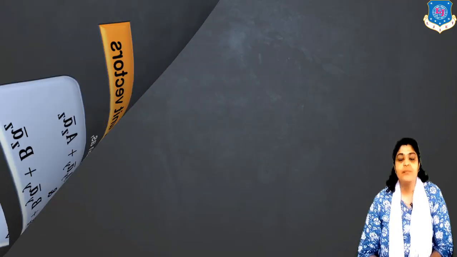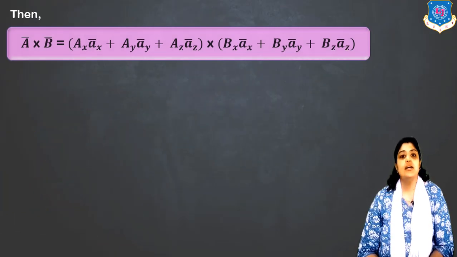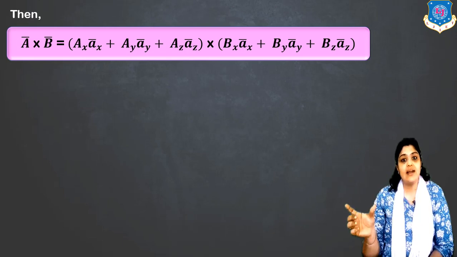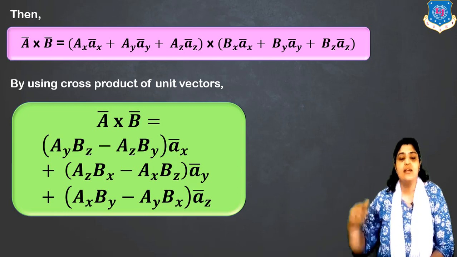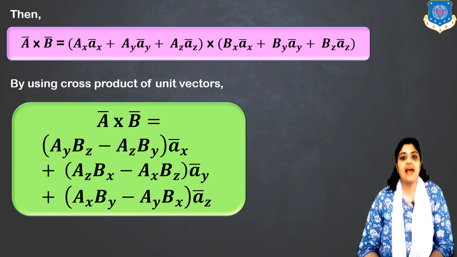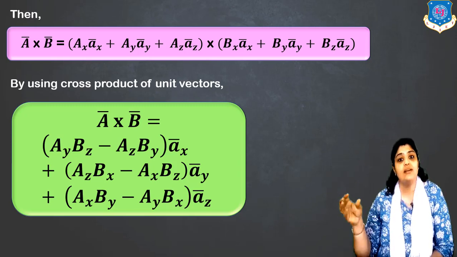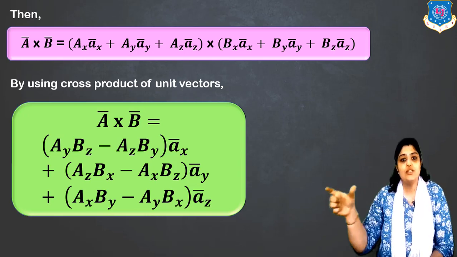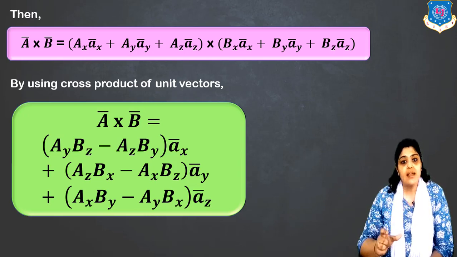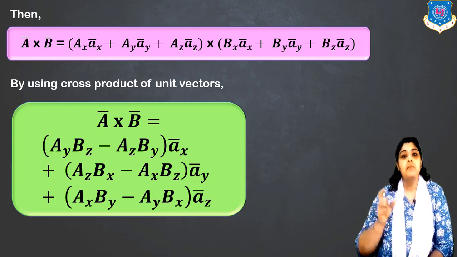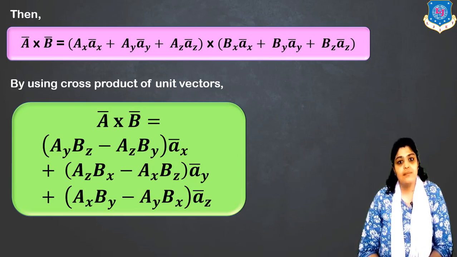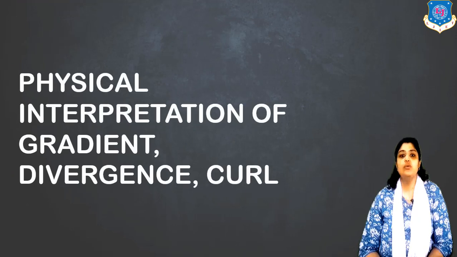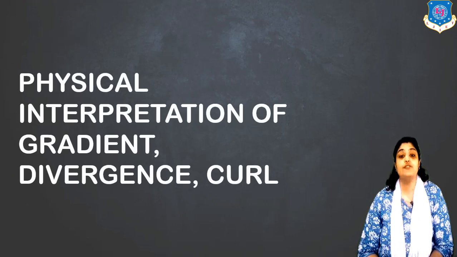Similarly, I write a vector B. Here I can say that the cross product is the entire vector A crossed with the entire vector B, and using the cross product of the unit vectors, you get A cross B as AYBZ minus AZBY into AX, that is the unit vector in the direction of X. We are varying Y and Z, so X is a constant, plus AZBX minus AXBZ into AY, plus AXBY minus AYBX into AZ. Clear?